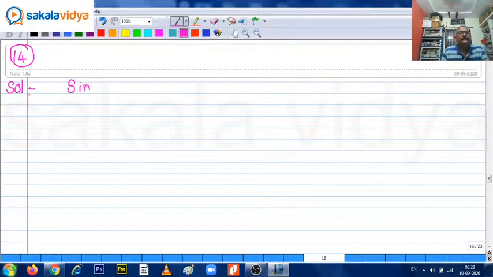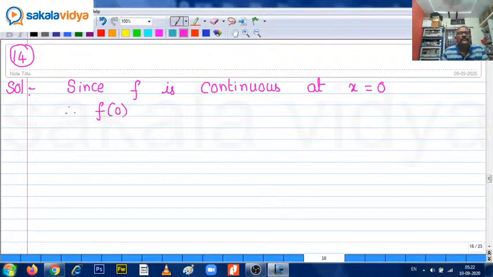Since f is continuous at x equals 0, therefore f of 0 equals the limit as x tends to 0 of f of x.